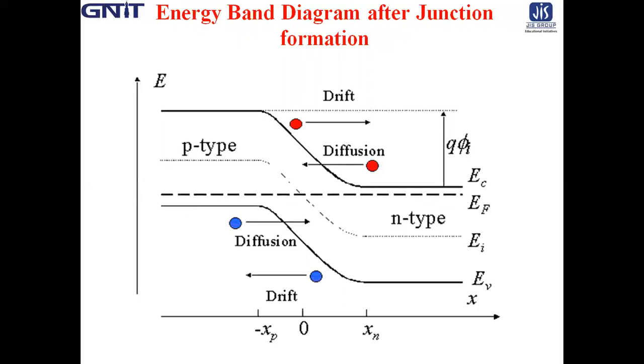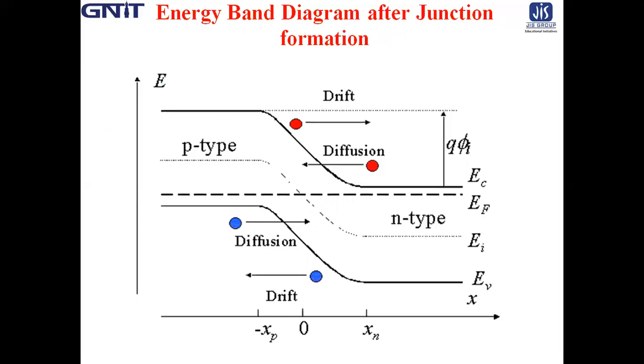The energy band diagram of PN junction under no bias condition, or no external applied electric field, is shown here, and three regions can be distinguished in the energy band diagram. The first thing is the top left, which is neutral P region.